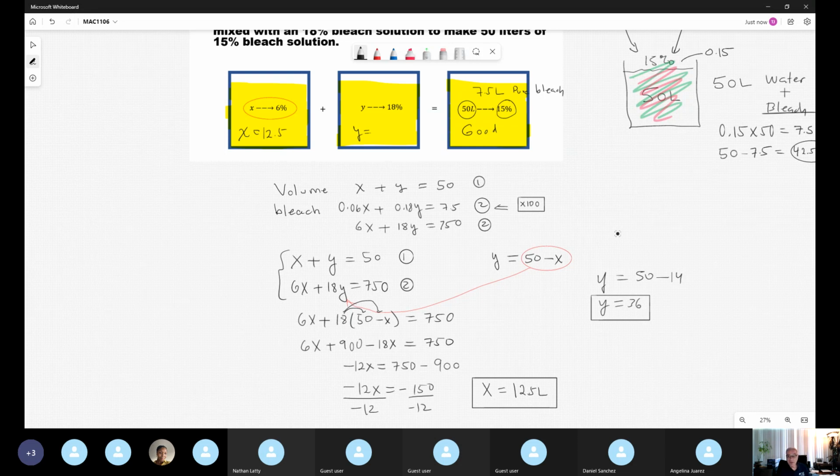Okay, not 36. It's 37.5. In conclusion, I need to mix 12.5 liters of this smaller concentration and 37.5 liters of the other. In order to get 50 liters of the concentration.